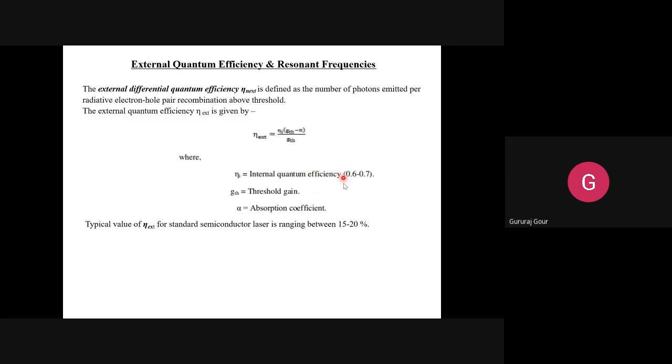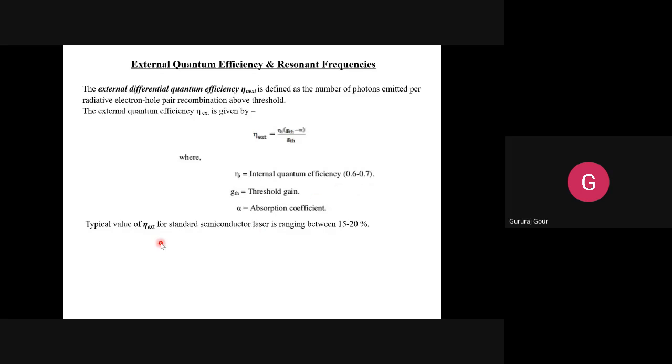This value you have to remember. This will not normally be given as a part of the numericals. So internal quantum efficiency, if it is required when you are dealing with the numericals, you always take a value in the range 0.6 to 0.7. Either you take 0.6 or 0.7 or in between them.